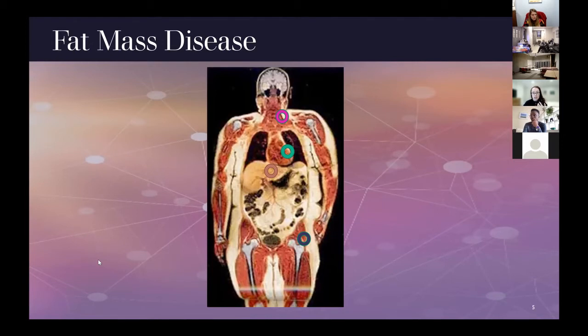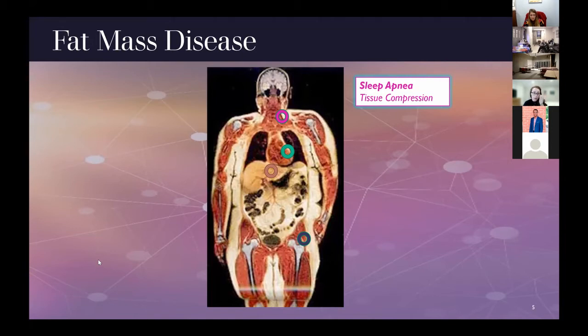So pulmonologists in the making, tell me why you think it matters to have fat mass right up here around your neck. Obstructive sleep apnea. Yeah, exactly. It's just OSA, right? What about around your heart, cardiologist? This is the fat mass, right?